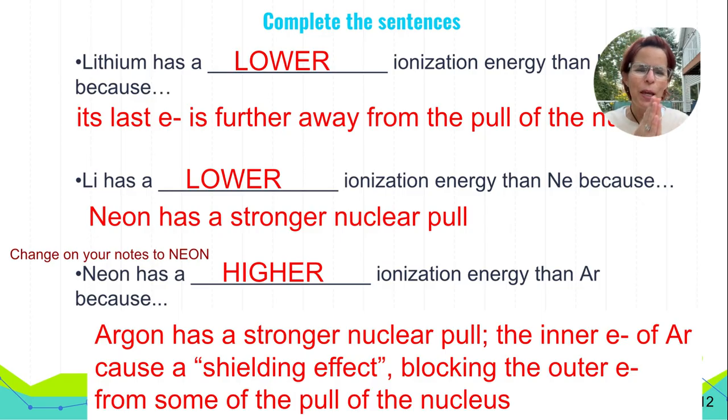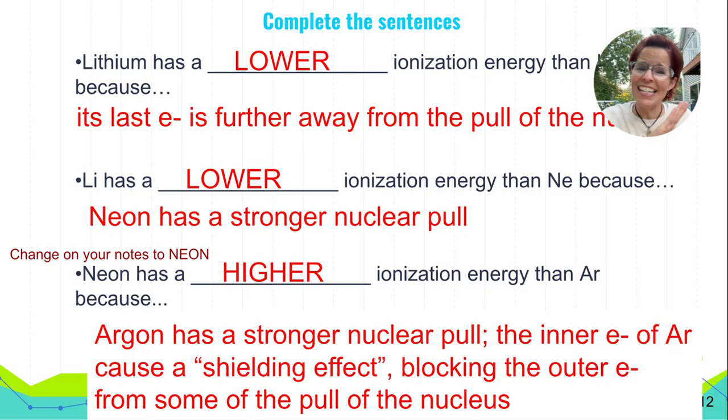So in Mr. Haebel's inappropriate analogy, we had that really attractive nucleus, and the electrons were crowded around it. Now imagine that there's another shell of electrons. They would have trouble seeing that really attractive nucleus because the electrons are so crowded around it. And so they don't experience the attractive pull.